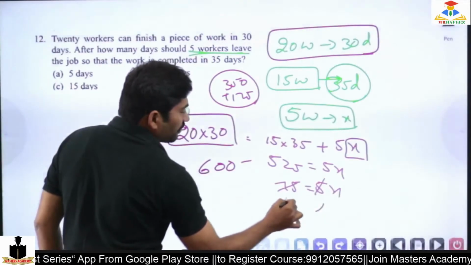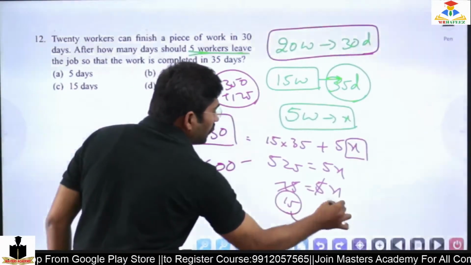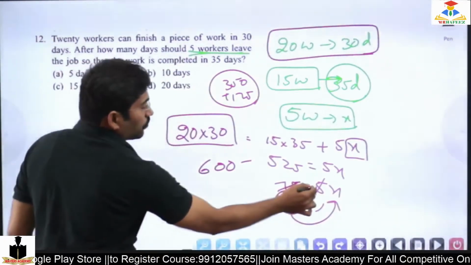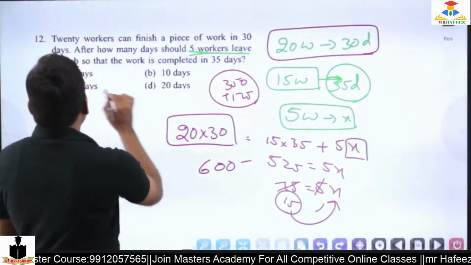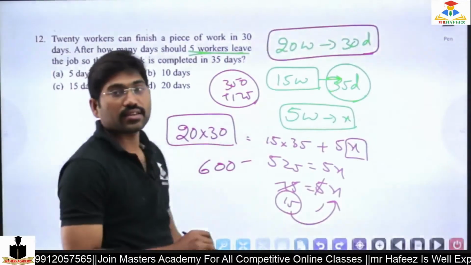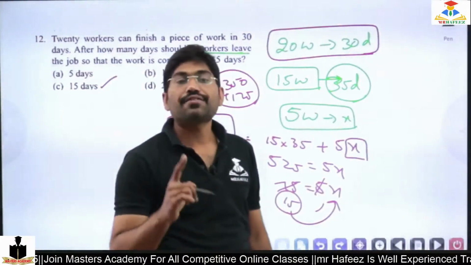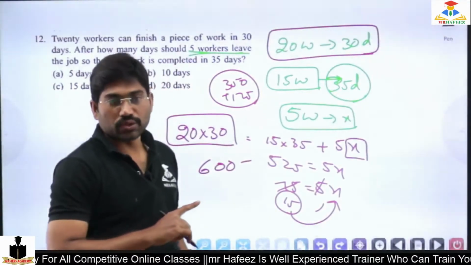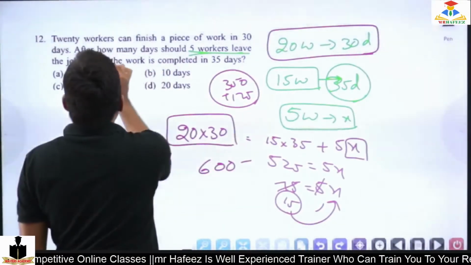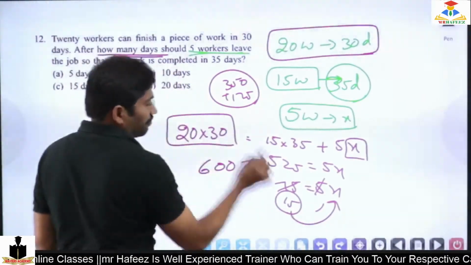So the value of x is 75 divided by 5, which is 15 days. So the answer is 15. After 15 days, the 5 people should take leave.